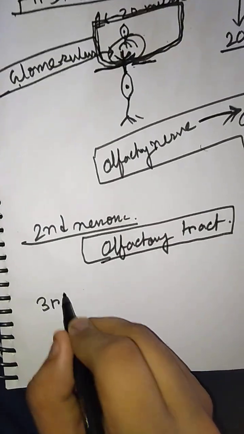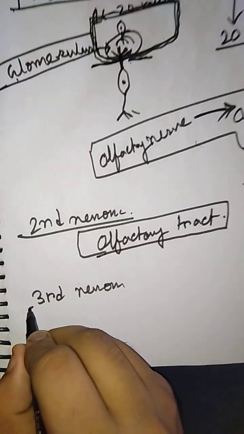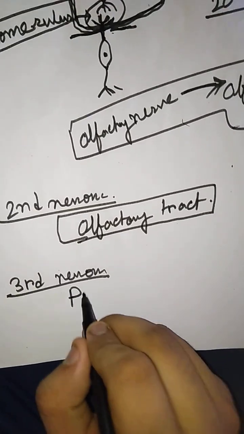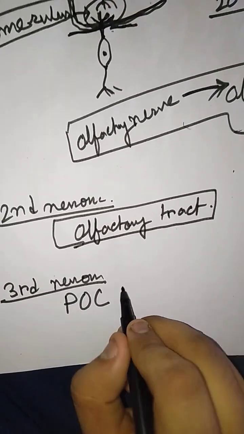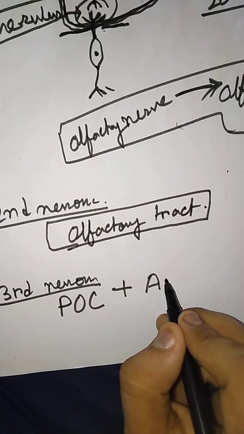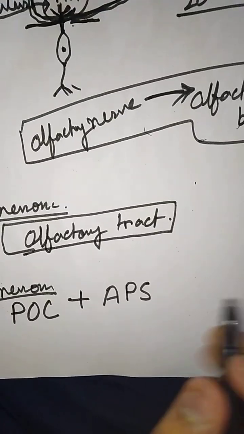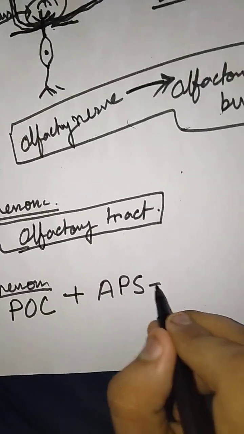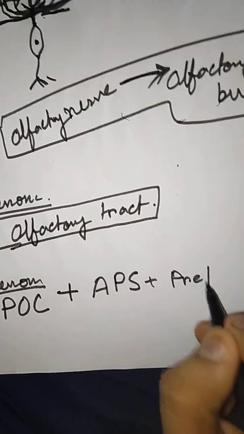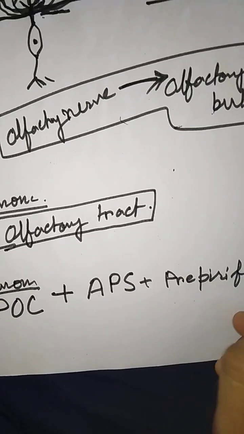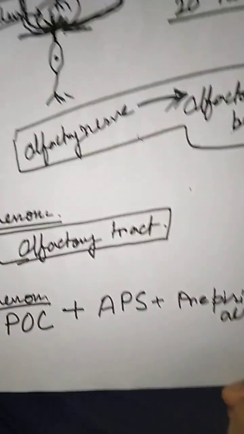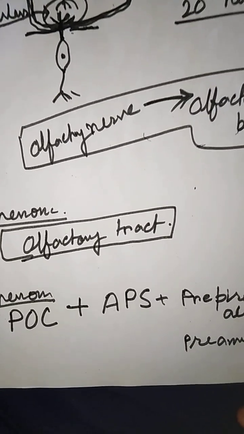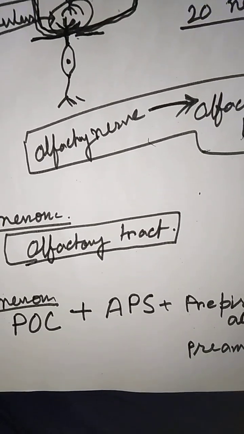Okay, third neuron. This olfactory tract goes to the POC, primary olfactory cortex, plus the anterior perforated substance, plus piriform areas, plus pre-amygdaloid areas.